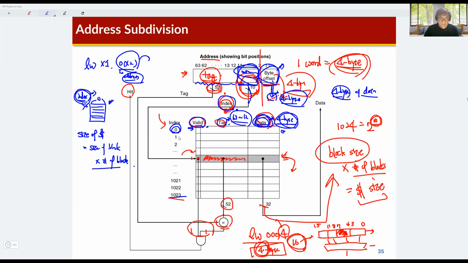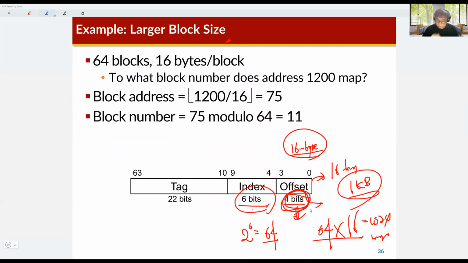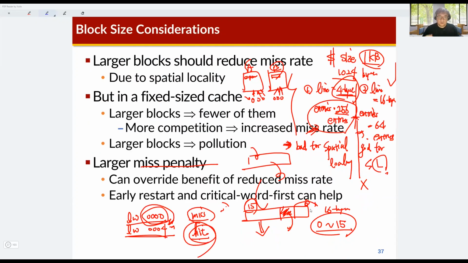This cache includes 1024 entries. So the size of this cache is 4 bytes multiplied by 1024, which is 4 kilobytes.